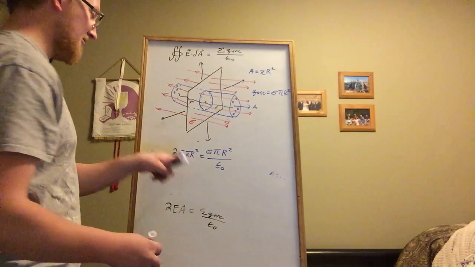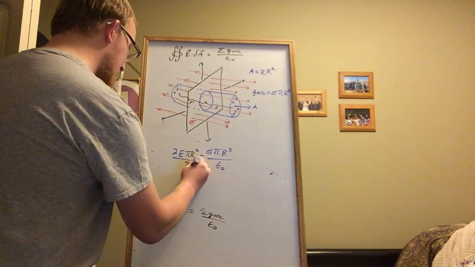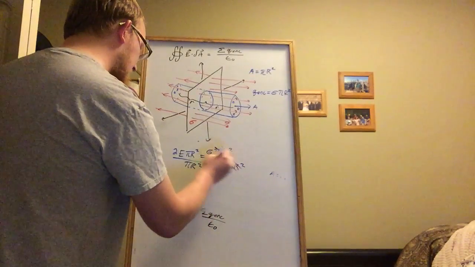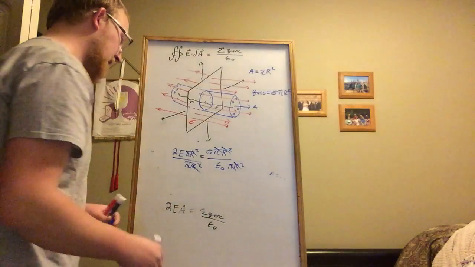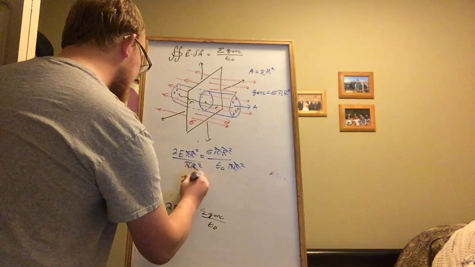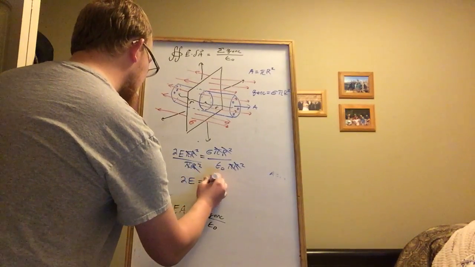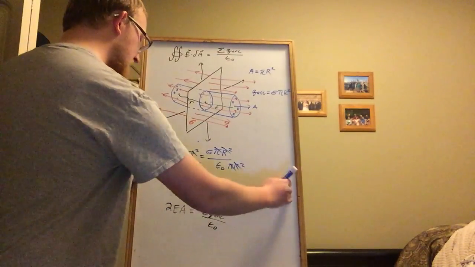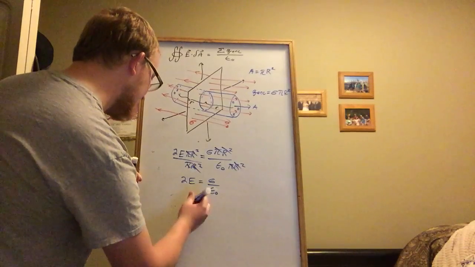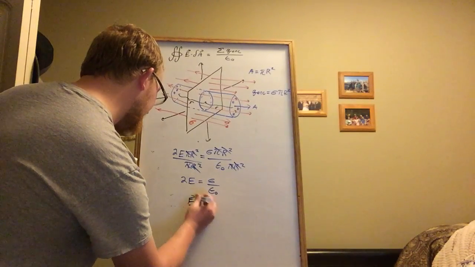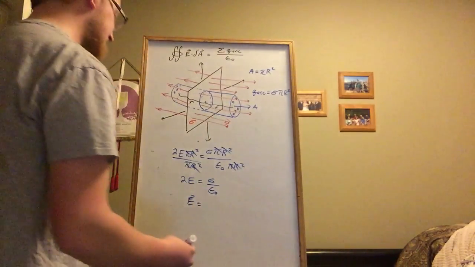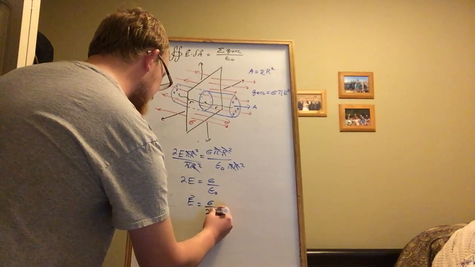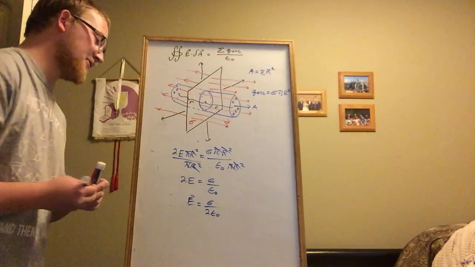You'll notice we can divide both sides by pi R squared, canceling all of those variables. What you end up with is 2 times the E field equals sigma, the charge density, divided by the permittivity of free space. Then we can just divide the 2 over, and we find that the electric field caused by some infinitely large plate is equal to sigma over 2 epsilon naught.